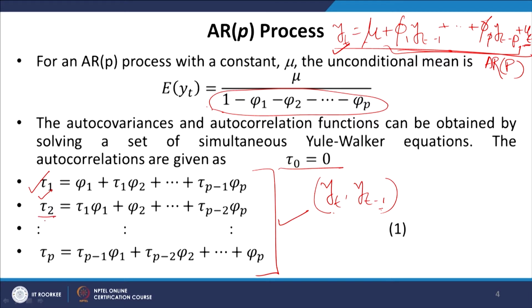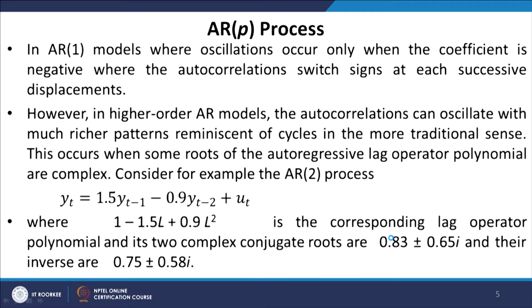Similarly, tau 2 would refer to the autocorrelation between yt and yt minus 2, and tau p would be the autocorrelation between yt and yt minus p. Given the set of equations, we can solve for the values of tau 1, tau 2 to tau p. I will be applying this equation for calculation of tau 1, tau 2 in the coming slides.